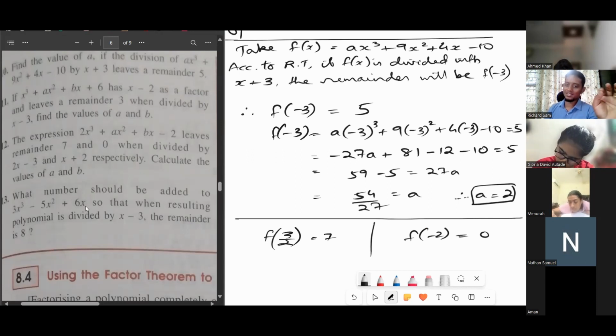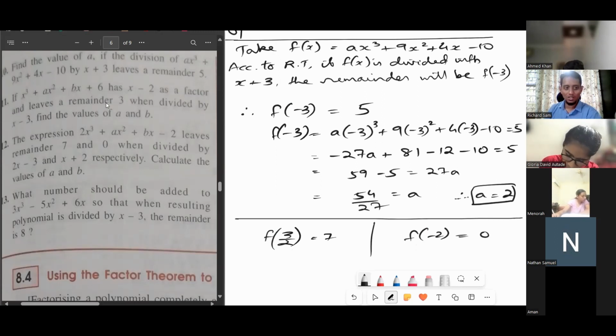The remainder theorem tells you what the remainder is. The remainder is f of 3 by 2. That's all. When you're dividing an expression with x plus 2, the remainder is f of minus 2. You understand? Every question has the same thing only.